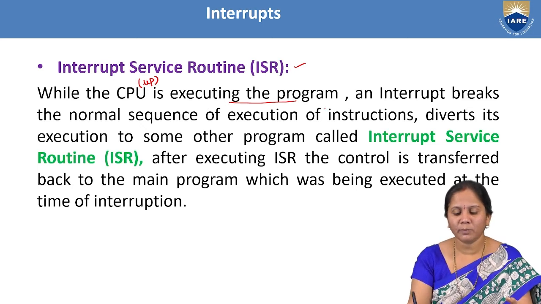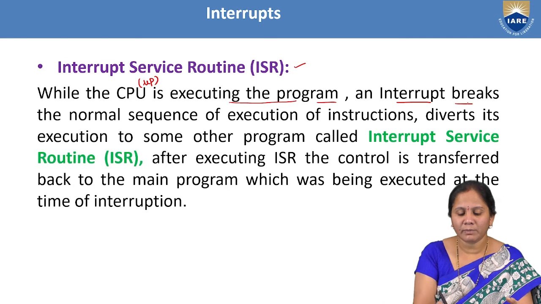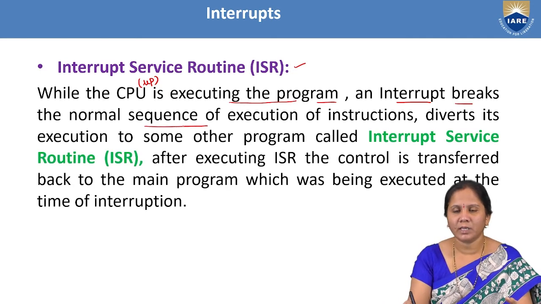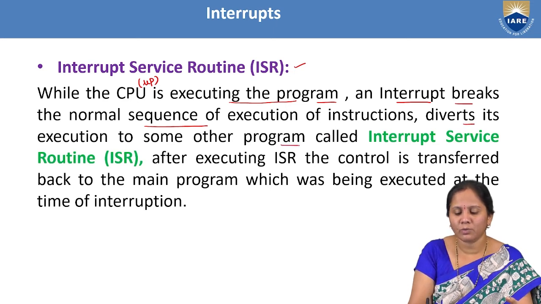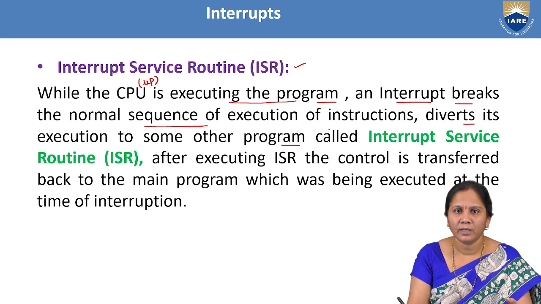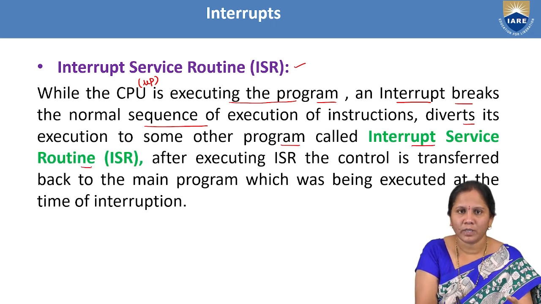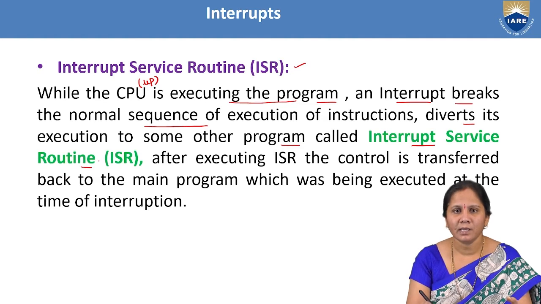When the microprocessor is executing the program, if any interrupt comes while executing the main program, that interrupt breaks the normal sequence of the execution of instructions. Then it is going to divert its execution to some other program. That program we generally call the interrupt service routine. It can be simply represented as ISR.